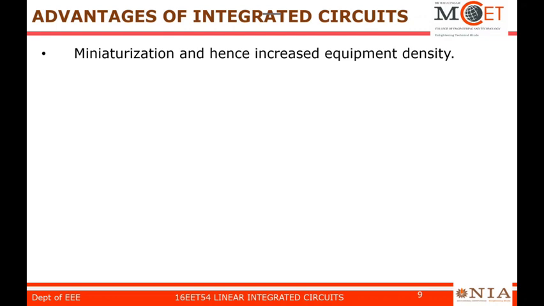So, advantages of integrated circuits. One of the main advantages is miniaturization and hence increased equipment density. The size of the circuit is reduced, so the size of the equipment is reduced, and in a small piece of silicon many transistors can be fabricated.